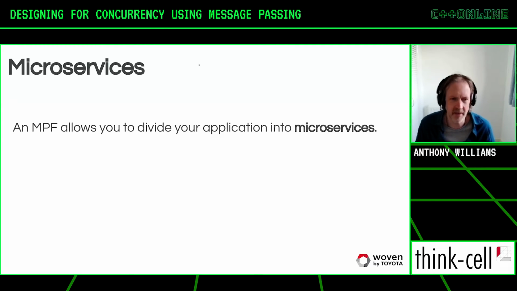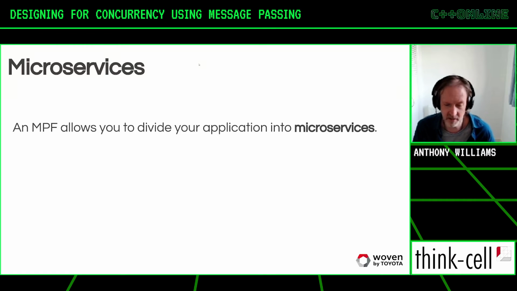So one way to do that, fundamentally, is to think about your application as microservices. I refer to them as elements and nodes. Sometimes people call them actors, but a microservice is what it is.